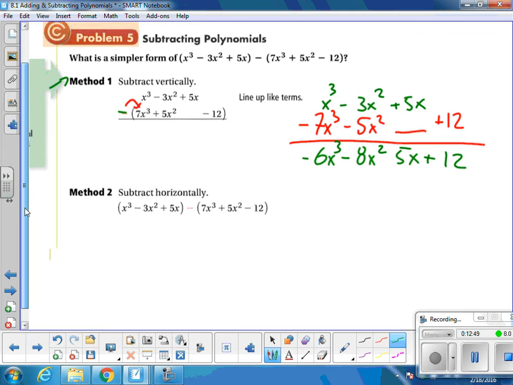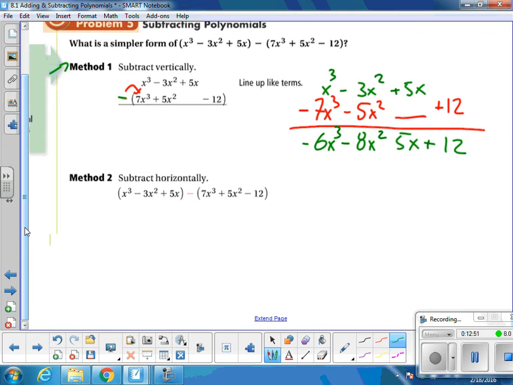Another method I could do is setting it up horizontally. This would be pretty much looking at the groupings. So I've got this one, and I'm subtracting this. So I've got negative 3x squared minus 5x to the second, which is going to give me the same amount. And then I've got 5x minus, oh, there's no term over here.